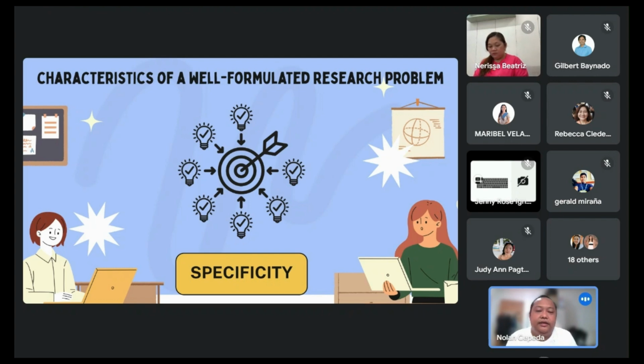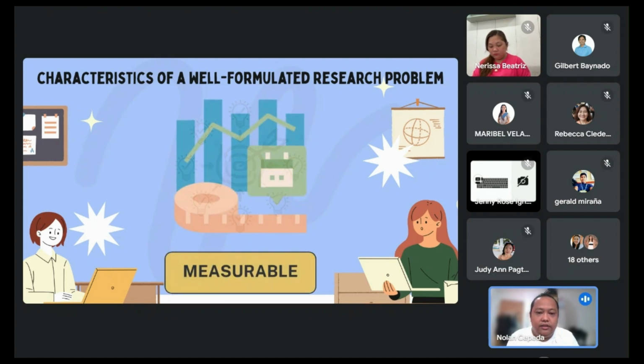A single target on our problem para hindi siya sabog-sabog, and para yung solutions or recommendations na maprovide din natin after gathering and analyzing the data is defining what is the main target of our research problem.